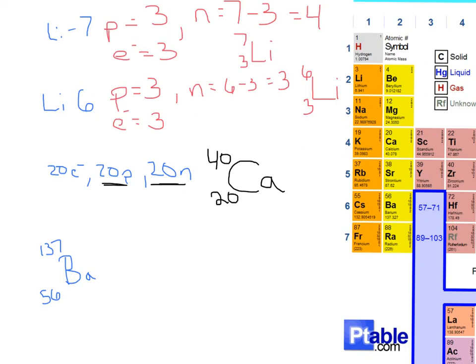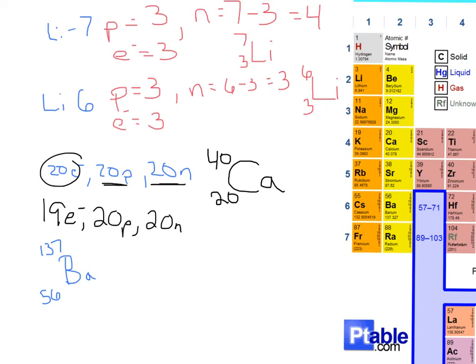Now, if we want to take this question one step further, because you will see a question like this, let's say, Mr. Ferguson, I change that 20 electrons to 19 electrons. You will see these, where they're going to change this number on you, and you still have the same number of everything else. So we need to figure out something about the calcium.